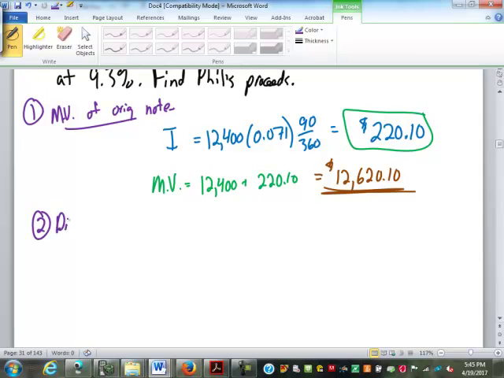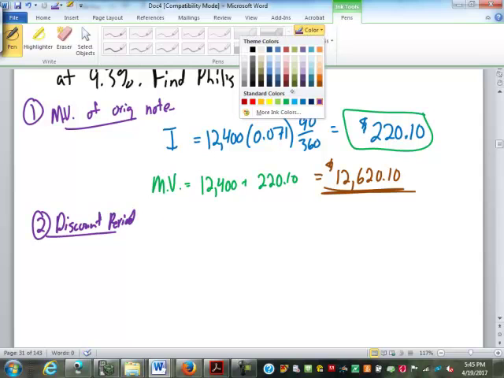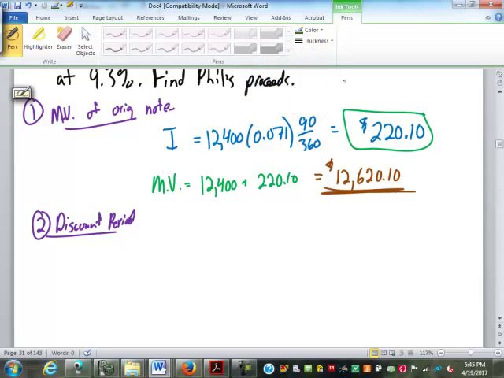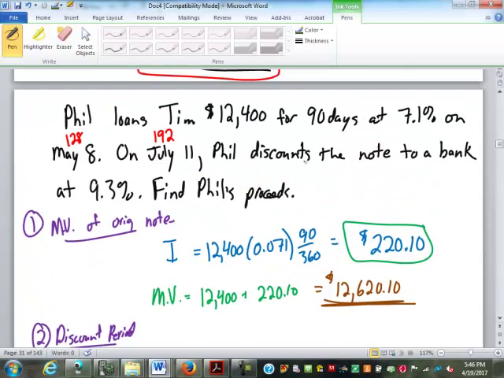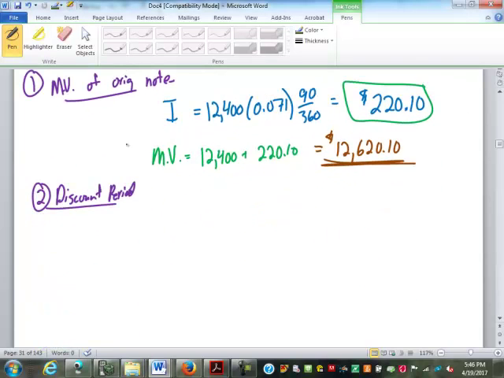Our discount period, right? Is the discount period equivalent to a partial payment? It's similar to it, but remember the partial payment goes off the days that have gone by. The discount period is the days that are left. So we've got 192 minus 128, which is 64.